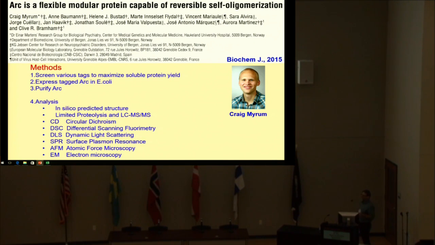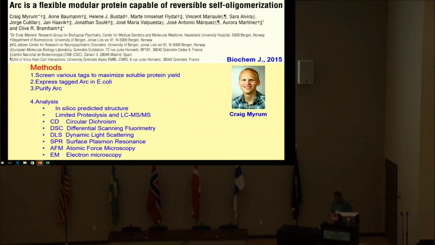And it's 20 years since ARC was first found. And this is the first work looking into the basic biophysical and structural properties of the bacterially expressed human recombinant ARC protein. So Craig Myram, a PhD student, managed to purify it, and then a number of different analyses were performed.